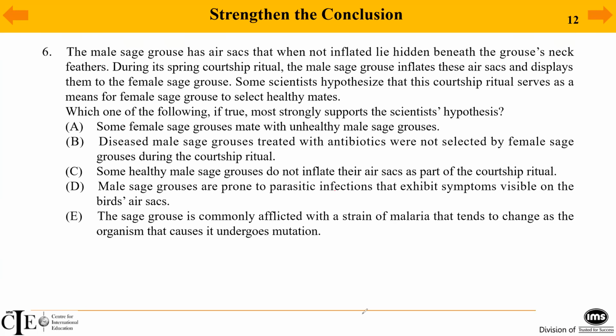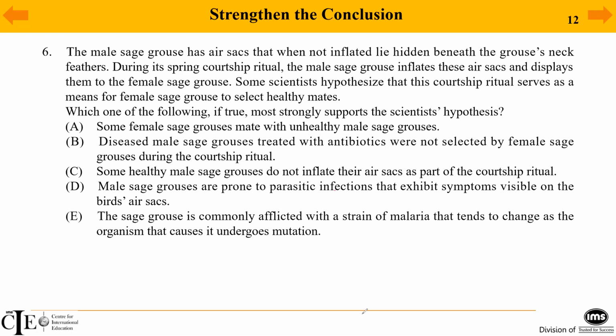The male sage grouse has air sacs that, when not inflated, lie hidden beneath the grouse's neck feathers. So there is an air sac for a male bird, which is hidden when it is not blown. That means when it is not ballooned, it is hidden inside the neck feathers.